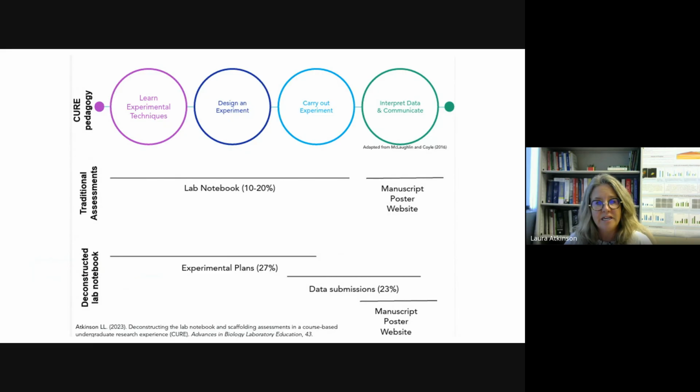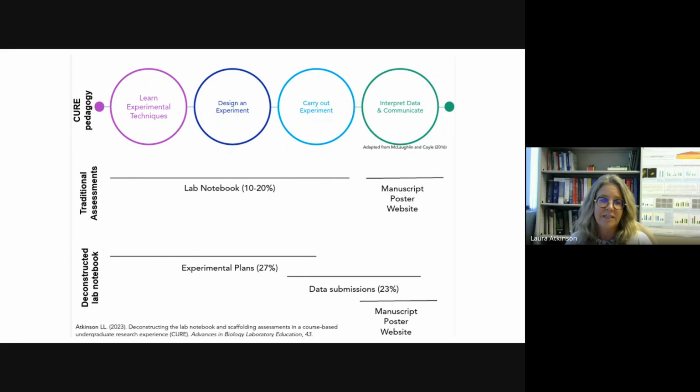So what you can see here is I developed 2 different types of assessments: experimental plans and data submissions, and kind of shifted the weighting of this deconstructed lab notebook scenario to the traditional assessments. So in our course, when it ran previously, the lab notebook would be 10 to 20%. And then a lot of the grade was on these final communication pieces.